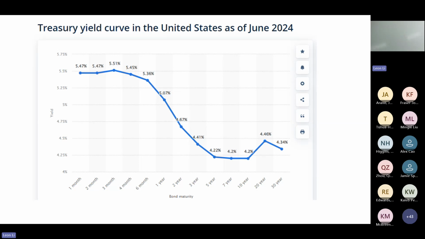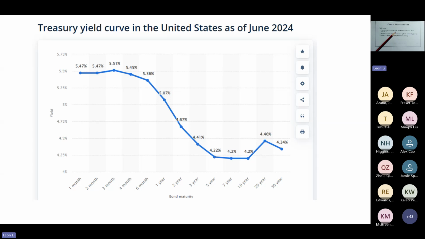So we finished the discussion on the final topic. Again, let's review the key concepts. The yield curve is the relation between yield to maturity and time to maturity. Normally, the yield curve is upward sloping.